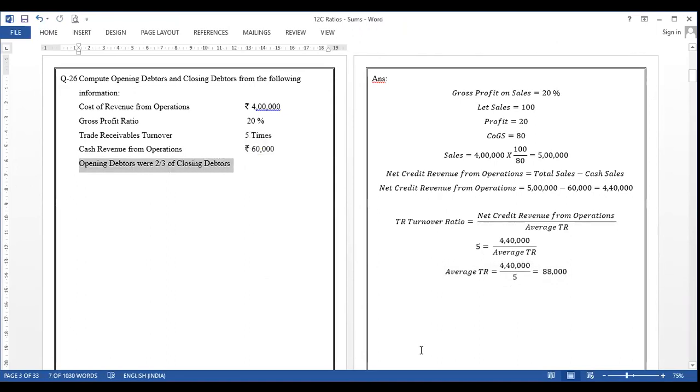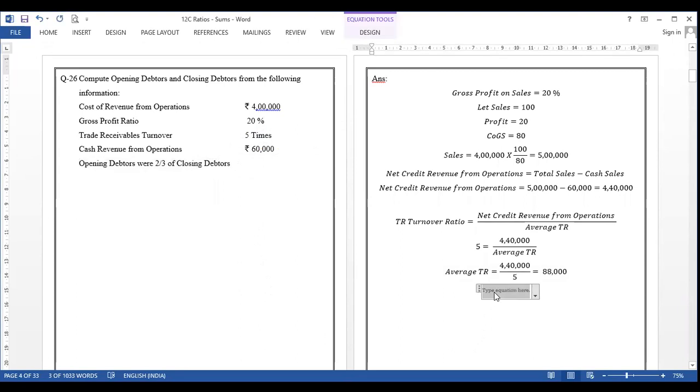Now to calculate the opening and closing debtors, opening is something of closing. So what do I need to assume over here? We will assume closing debtors to be x and opening will be 2x by 3. That's very correct. Let the closing debtors be x and opening is 2/3 of closing, so opening debtors will be equal to 2 by 3x.